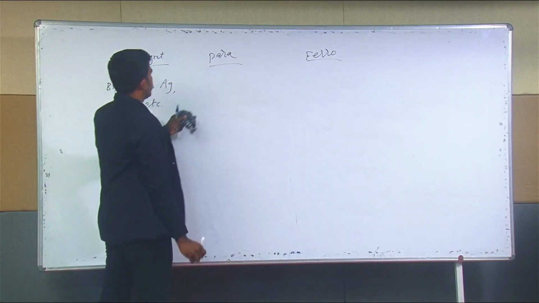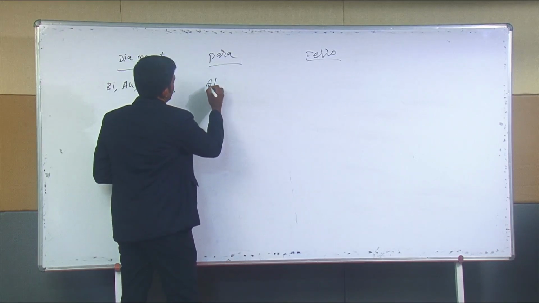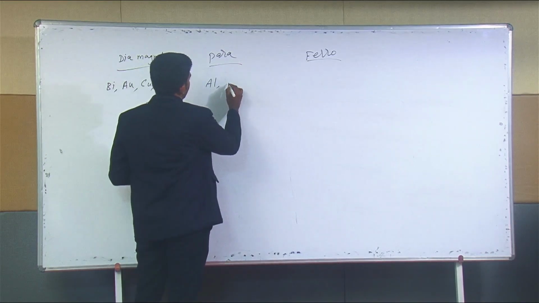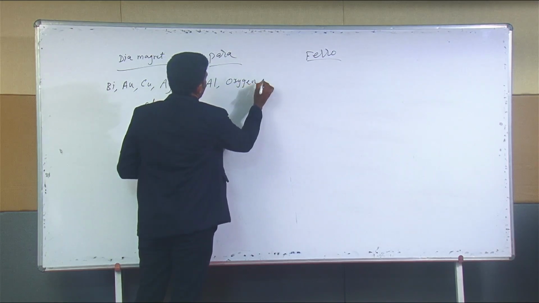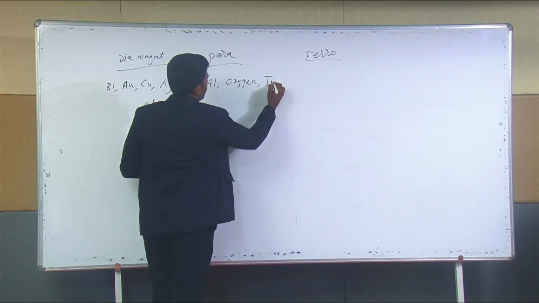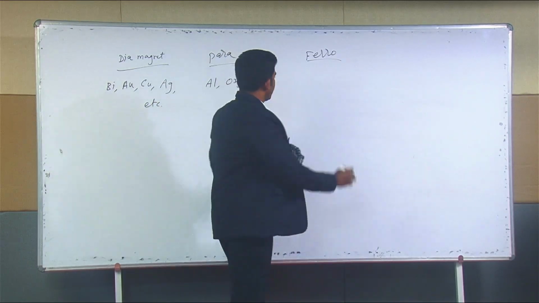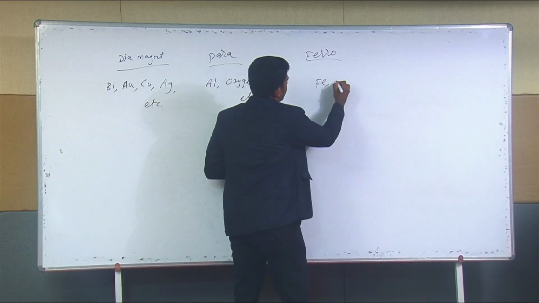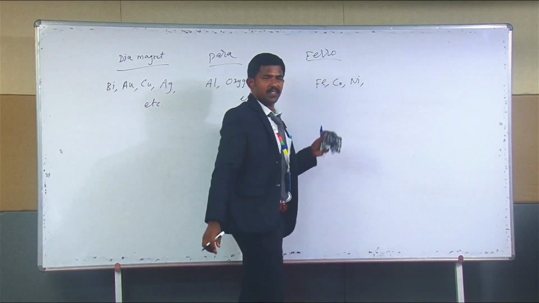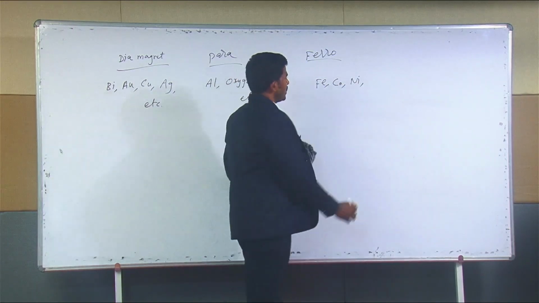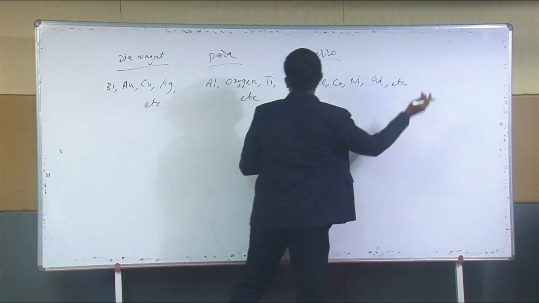Whereas paramagnetic materials are aluminum, oxygen, titanium, etc. In the case of ferromagnetic material, Fe, Co: iron, cobalt, nickel, steel, and gadolinium, Gd, etc.